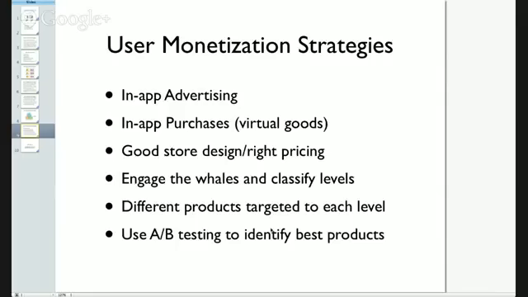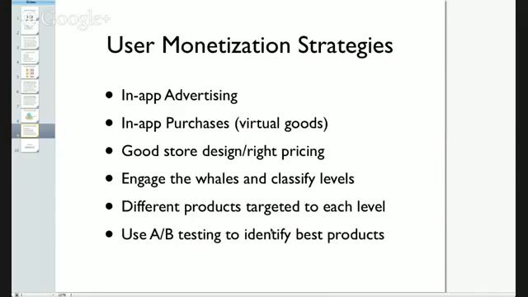This is where you engage the whales, and you want to classify all the different levels, right? So whales are at the very top, but you can have people under whales. You can have killer whales and dolphins and all these different levels of people, all the way down to guppies, that are all going to want different types of products, and making sure that they're engaged with your monetization strategy, and that they're finding not only the right products but at the right price.